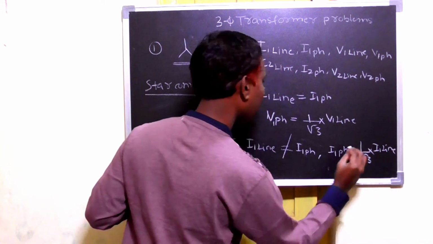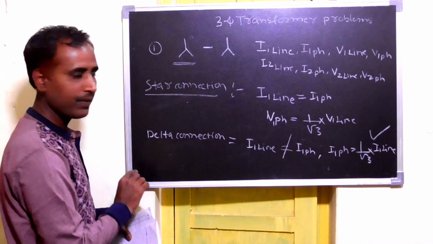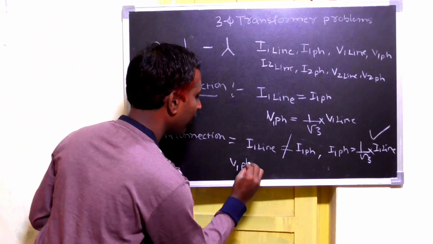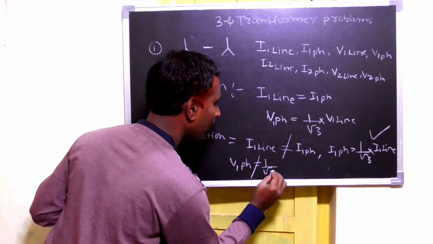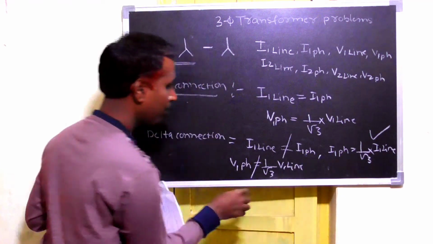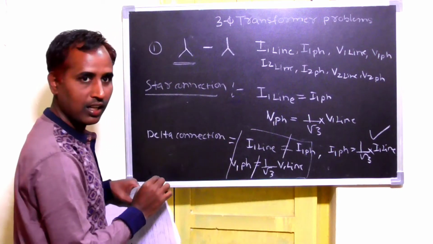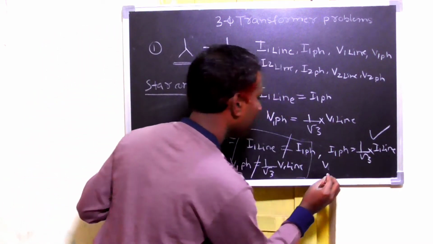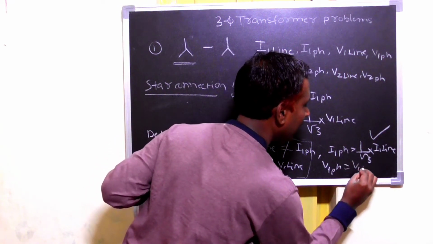This is the correct formula in delta connection. Similarly, V1 phase is not equal to 1 by root 3 into V1 line, because that is the star connection formula. In delta connection, V1 phase equals V1 line voltage.